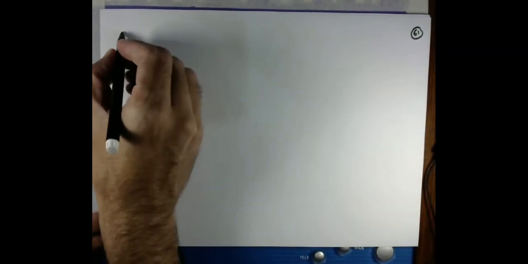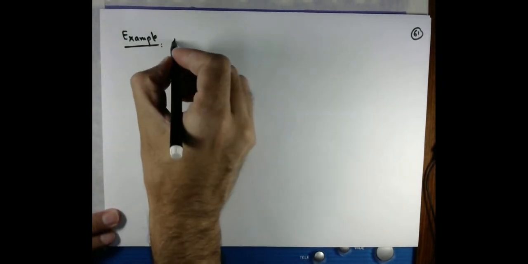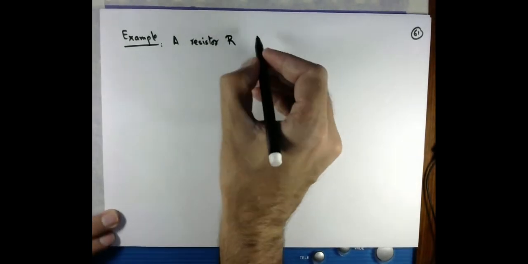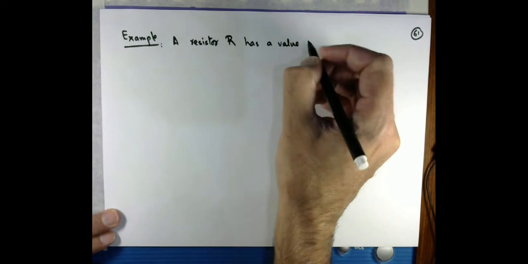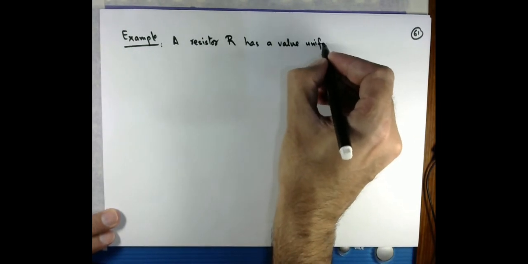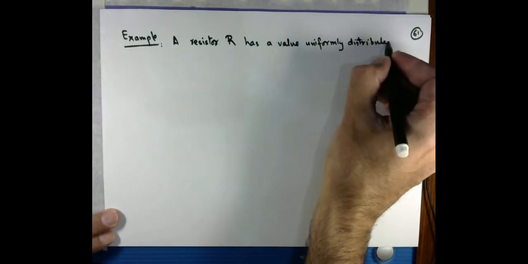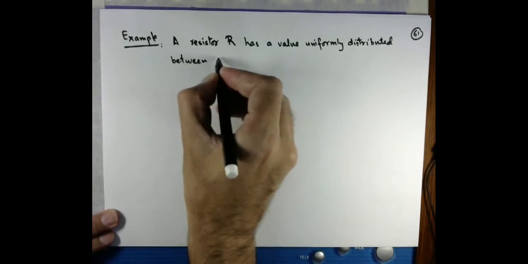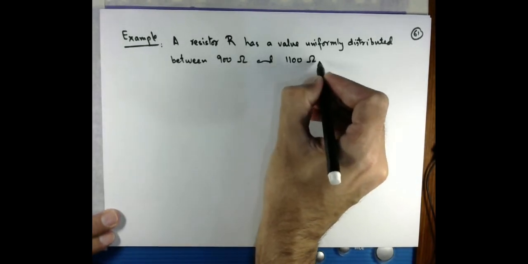So we have now an example, a simple example. And that says a resistor R has a value uniformly distributed between 900 ohms and 1100 ohms.